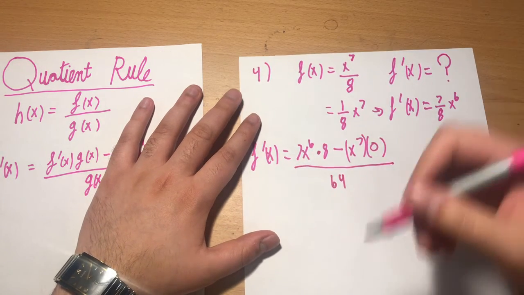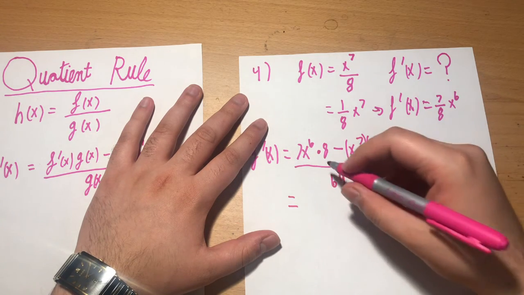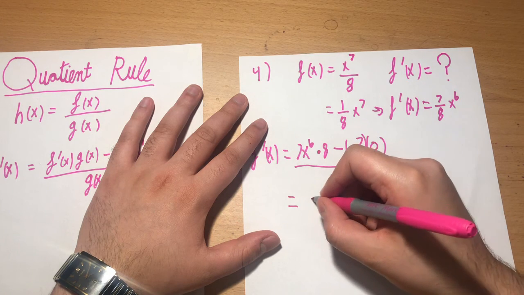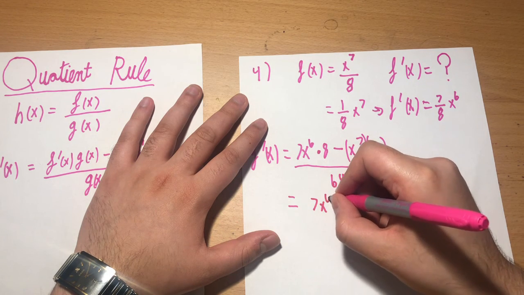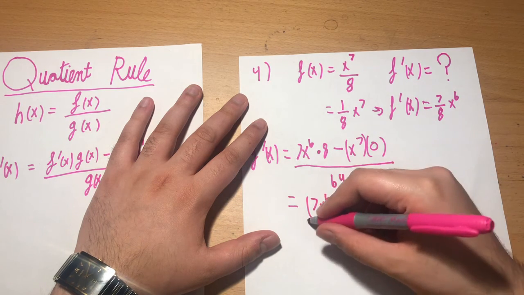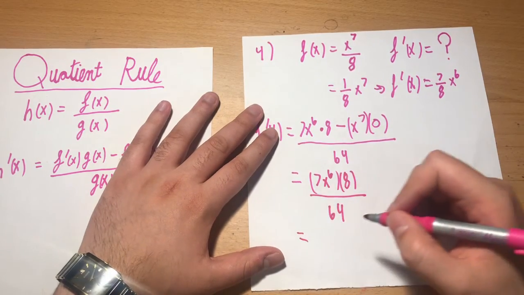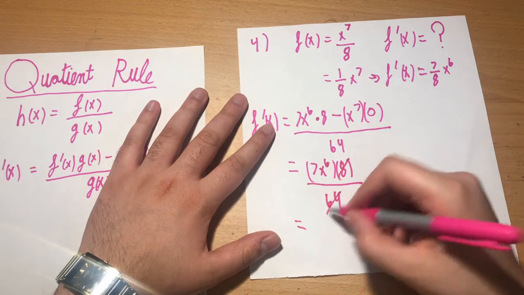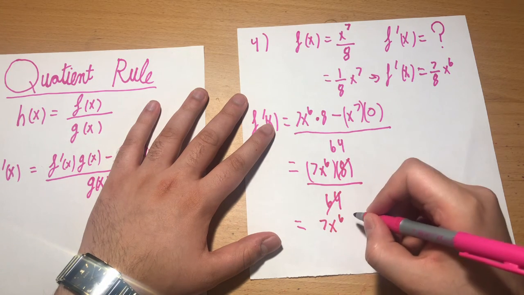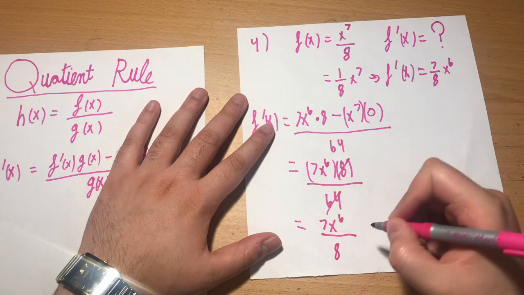Okay? Now, going through all the steps, I combine like terms. This should now be, I'm just going to leave this as 7x to the 6th, right, multiplied by 8 over 64 equals, and then the 8 and 64 can simplify, and you could reach 7x to the 6th all over 8.